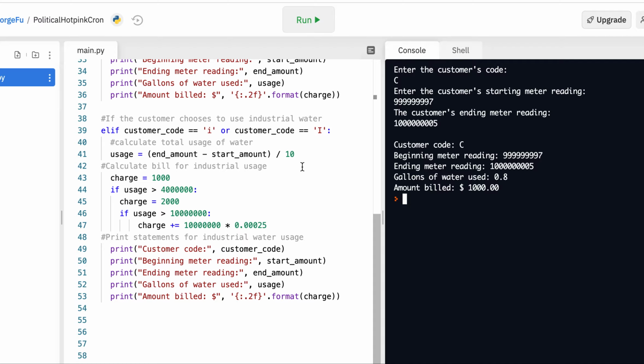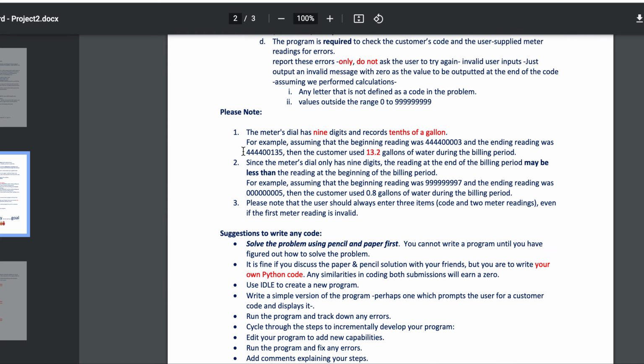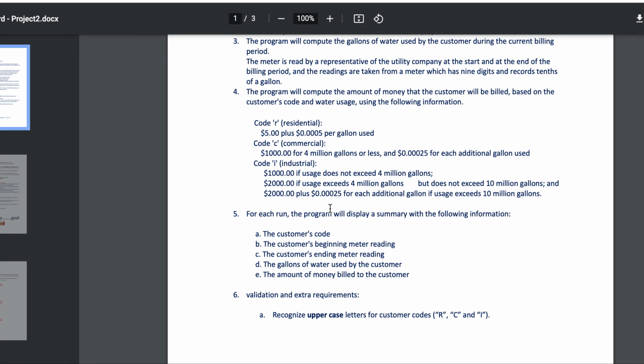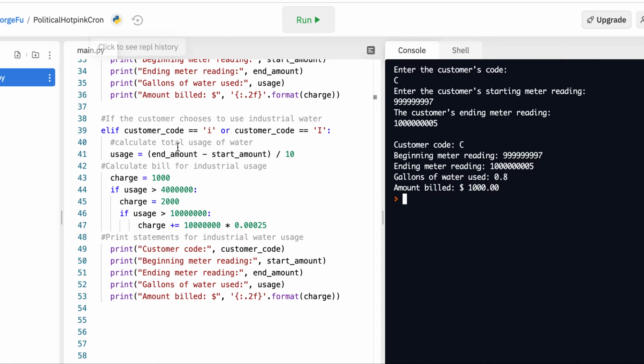Now for charging of the bill for industrial, it's a little different. We can go back to the rubric where, as you can see, for industrial it says $1,000 if usage does not exceed 4 million gallons, $2,000 if usage exceeds 4 million gallons but does not exceed 10 million, and $2,000 plus 0.0025 for each additional gallon if it exceeds 10 million gallons. That's pretty simple. We just have 3 specifications, so that means more if statements.